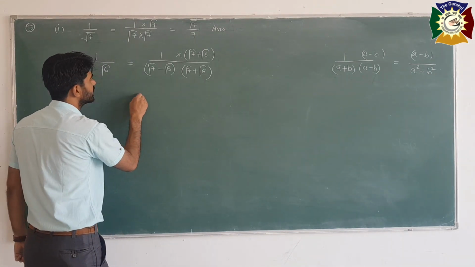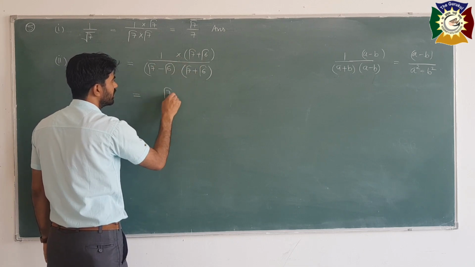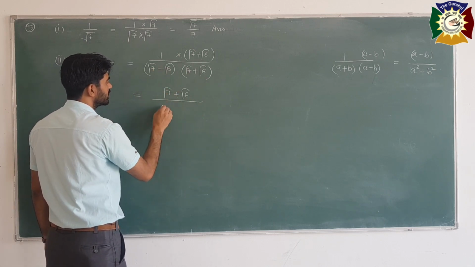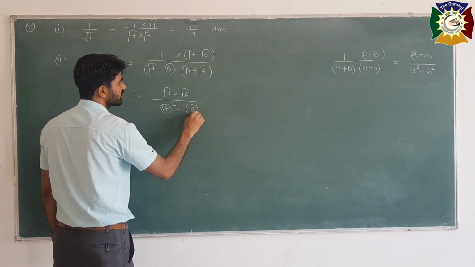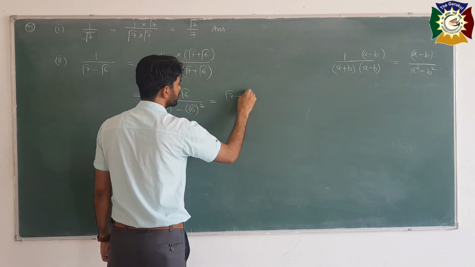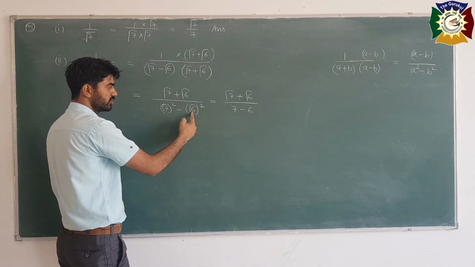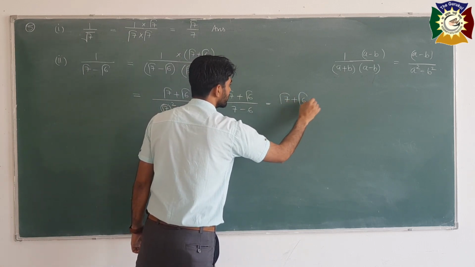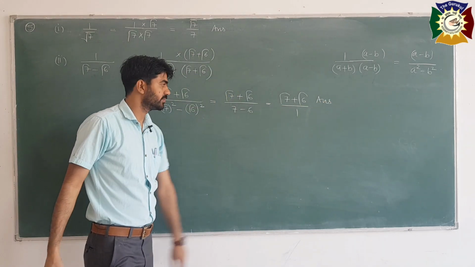So we get root 7 plus root 6 divided by the square of root 7 minus the square of root 6. So it is equal to root 7 plus root 6 divided by 7 minus 6. Root 7 square is 7, root 6 square is 6. So it is equal to root 7 plus root 6. This is the answer upon 1, because now the denominator is rationalized.